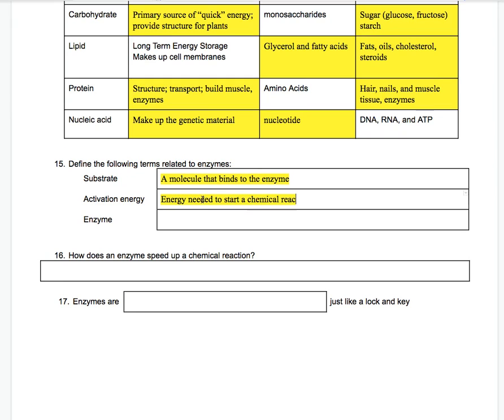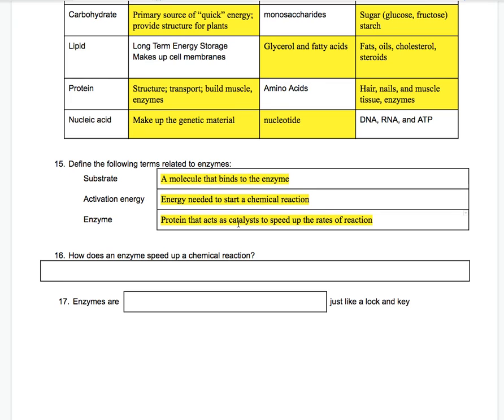And an enzyme is a protein that acts as a catalyst to speed up the rates of reactions in the cell and in the body.